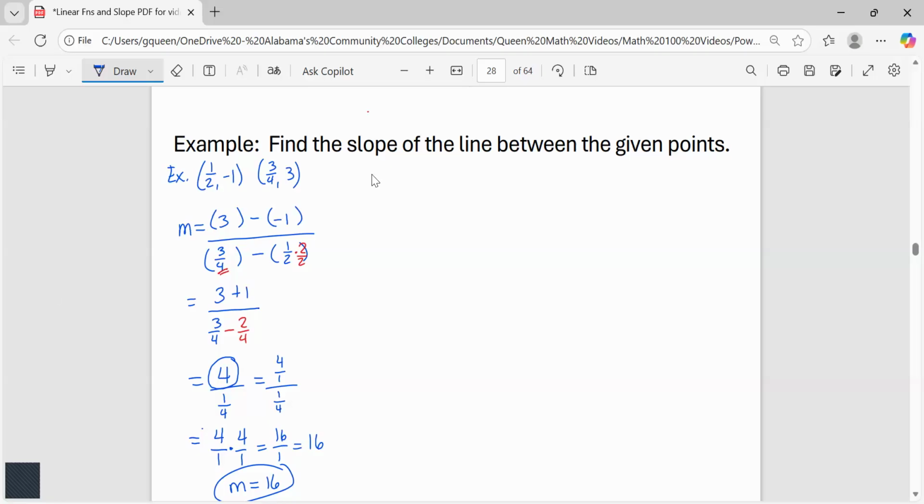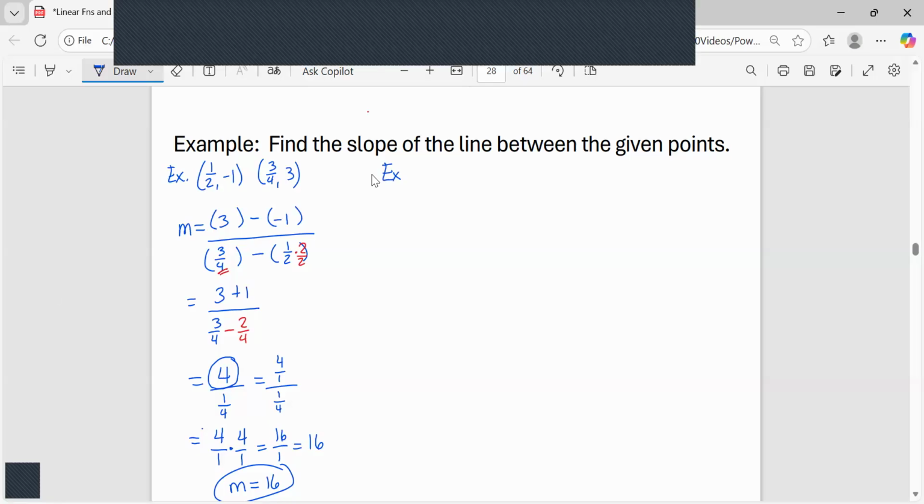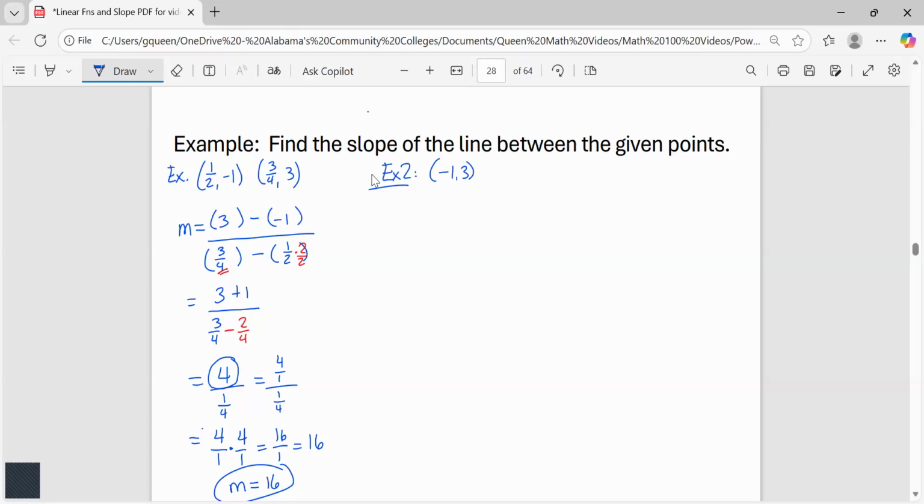All right, here's a second example. Find the slope of the line between the 2 points. And let's suppose this time we have the ordered pairs (-1, 3) and (5, 3).